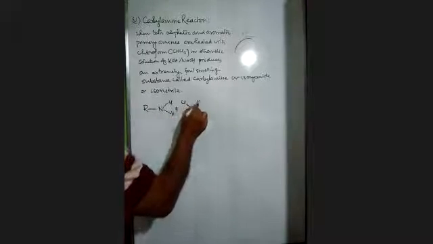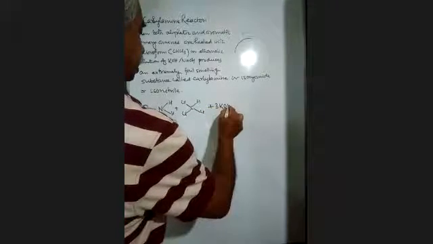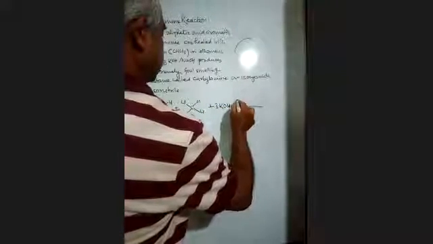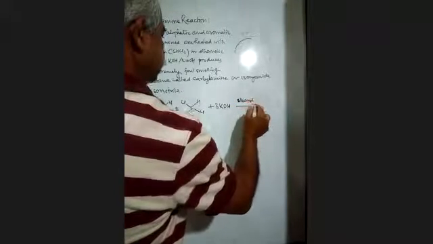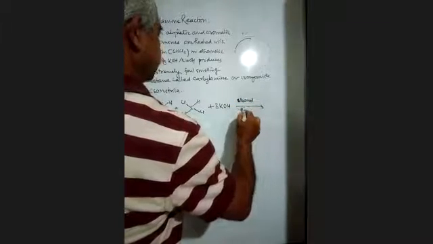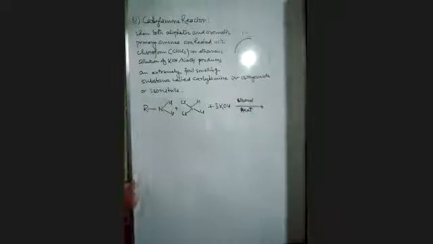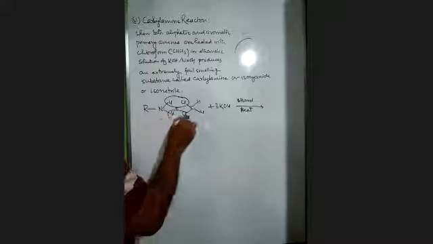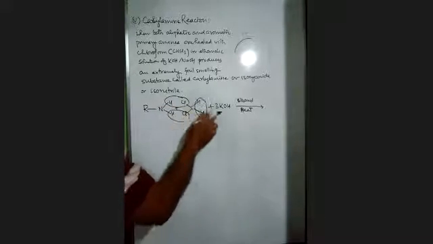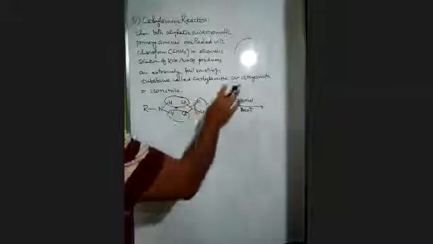Why I'm writing, you will understand. Here we do not add water. So here ethanol is used as a solvent. In your book they may not give you that. See here, when you heat it, 3 molecules of HCl are liberated. And they react with 3 molecules of potassium hydroxide, an acid base reaction. First it will be liberated, then it will react.